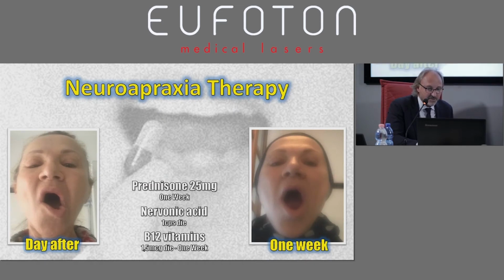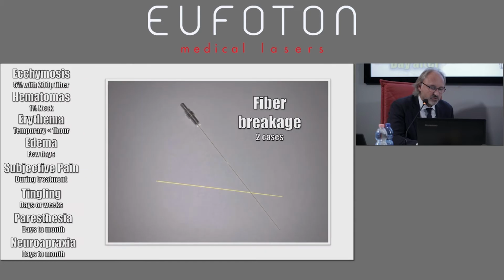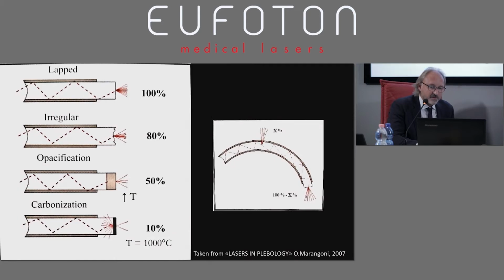I got two neuropraxia of the marginalis, one temporary, one solved in 10-15 days, one more time-consuming, but the 2 were totally reversible. These are the types of wear and tear and alterations to the fiber conductivity. So top high, you have the release 100%, emission 100%.